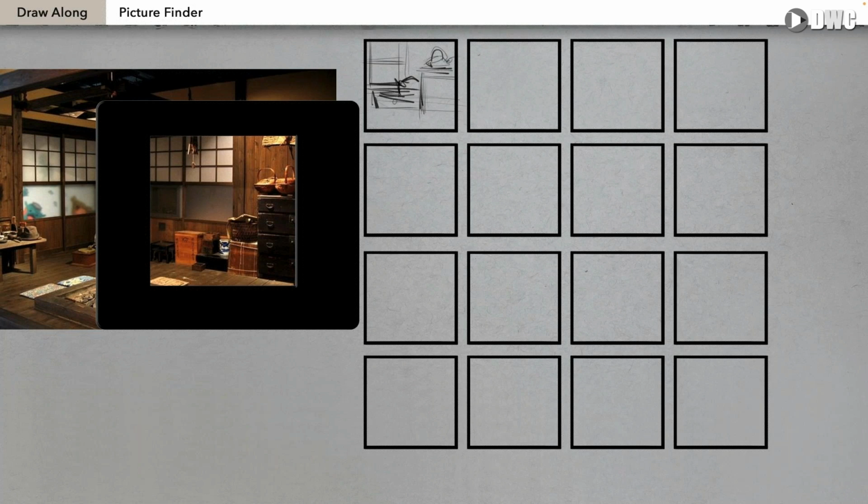And we're not going to develop these, right? Loomis said, don't develop them. Just come up with some line sketches.